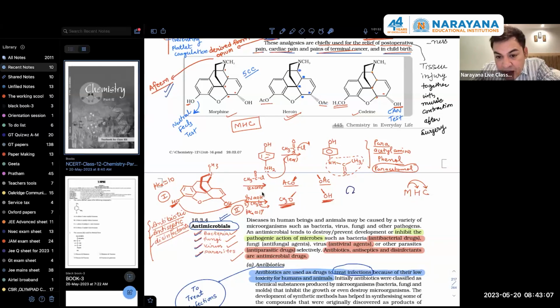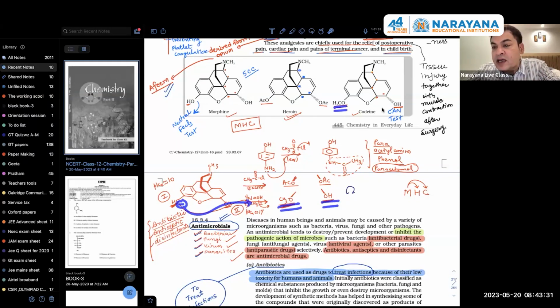If I use NaOH, NaOH means a base, the more acidic H will be released. If I use one equivalent, the more acidic H is released and it becomes O minus. When O minus attacks CH3I, it becomes OCH3, and this OH remains as it is.